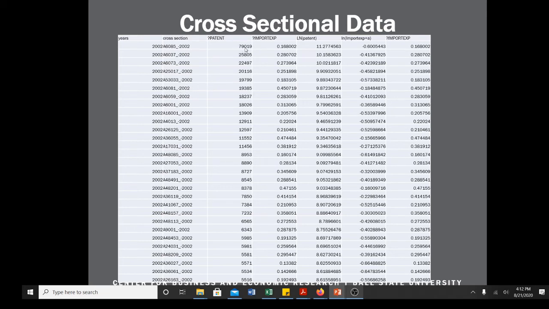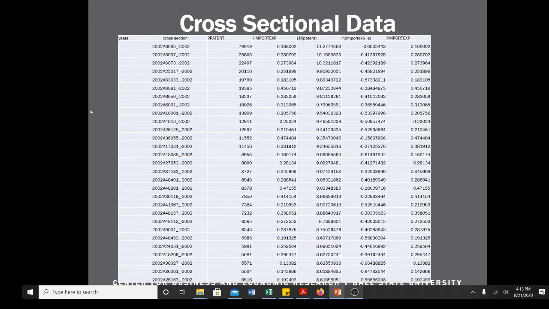These are the number of patents between 2000 and 2010 in that county, quite a lot. This is the exposure to imports that occurred in that county. This is the log of patents. This is the log of import exposure plus alpha, which is like a 0.1, just so we're not taking a value of a negative number.